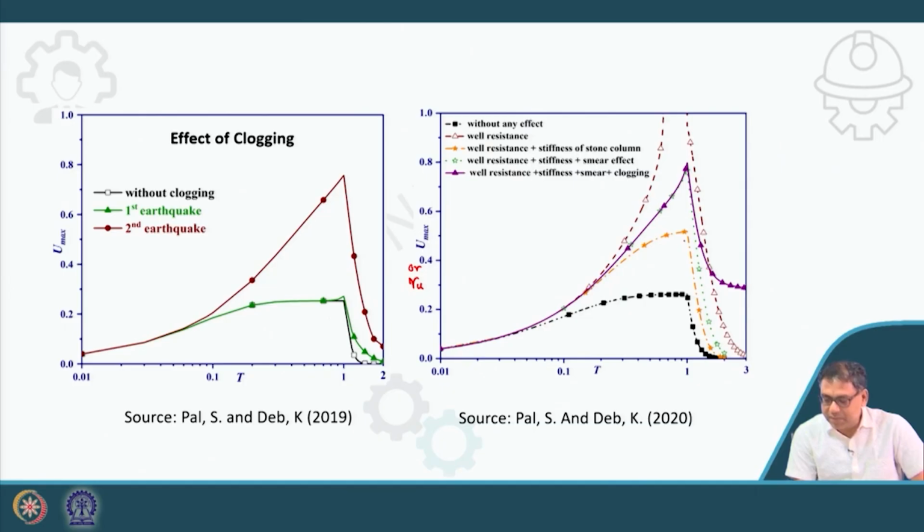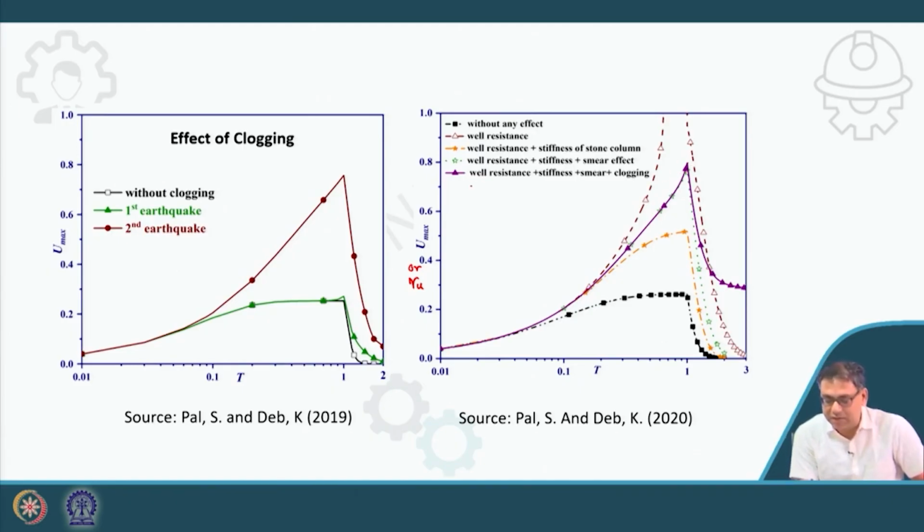This is considering permeability of the stone column plus stiffness. So because of the stiffness, your pore pressure will reduce from 1 to around 0.55. Then when we consider the smear effect, from here it will further increase because smear effect has a negative effect. It will increase the pore water pressure, and that I have already discussed. So that means it will go here.